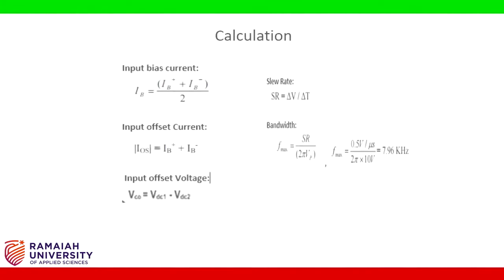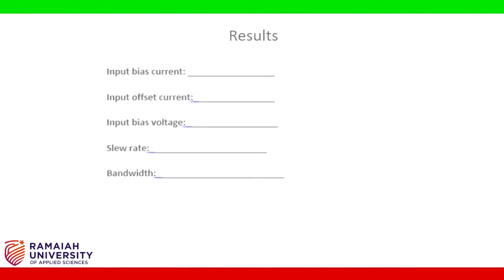After taking the readings of current and voltage, use the formulas for the calculations as shown here. After the calculations, fill the results as input bias current in milliamperes, input offset current in milliamperes, input offset voltage in millivolts, slew rate in volts per microsecond, and bandwidth in kilohertz.